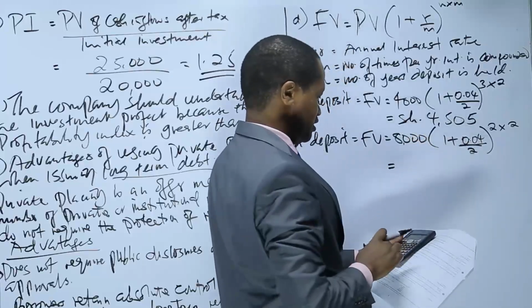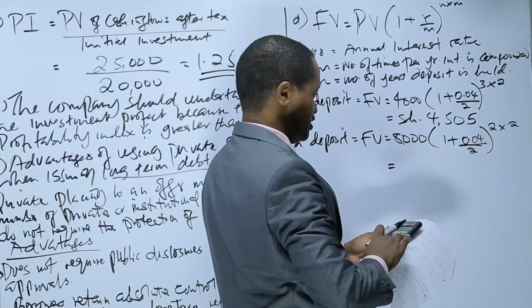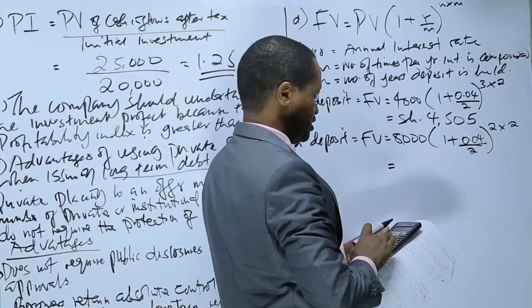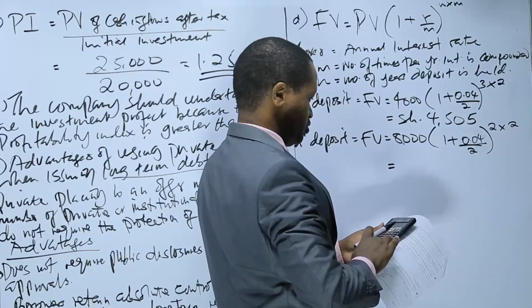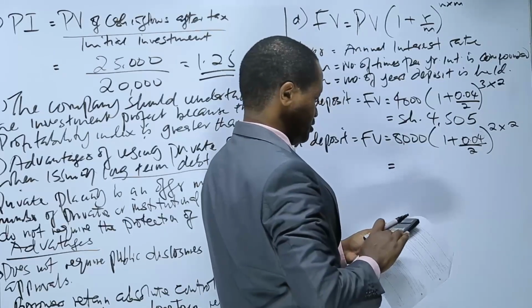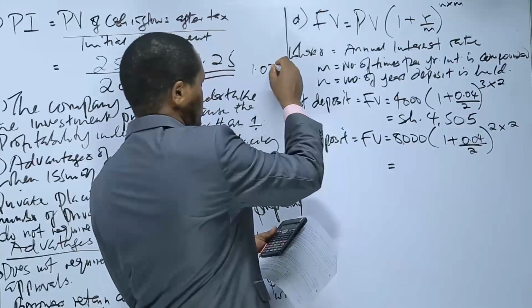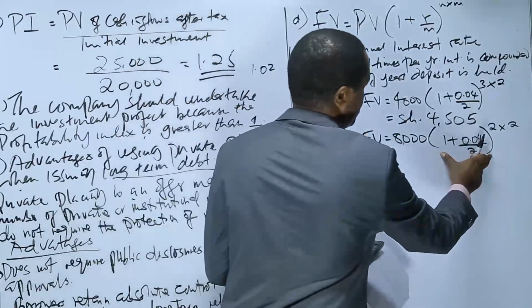So this is 0.04 divided by 2 plus 1. This is 1.02. This gives me 1.02.